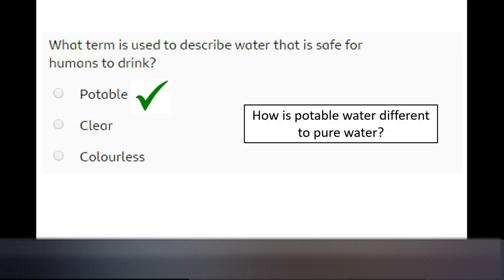Okay, so in the chat box, can you answer this question? How is potable water different to pure water? What is the difference between potable water and pure water?